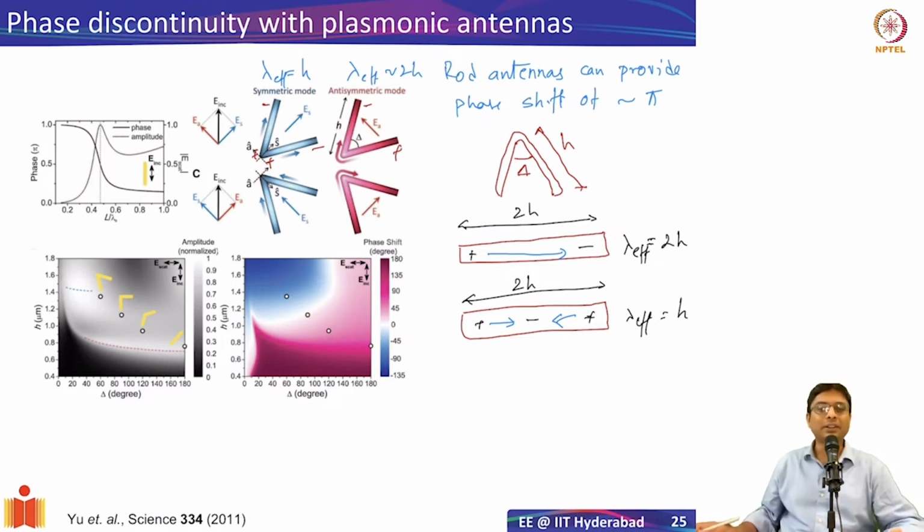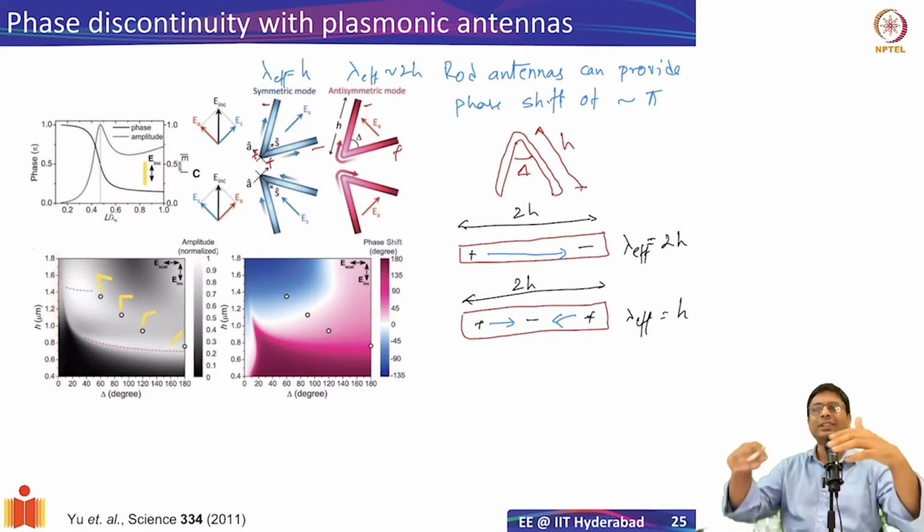And the beautiful part is, if you have these two modes, the phase change that you can achieve with these two resonances in the same antenna structure covers the entire 2 pi. And that is what is shown in the bottom picture here. These are analytical calculations of how this antenna behaves for various angles delta between the two parts of the V, and for various heights, where h is essentially half the length of the antenna.